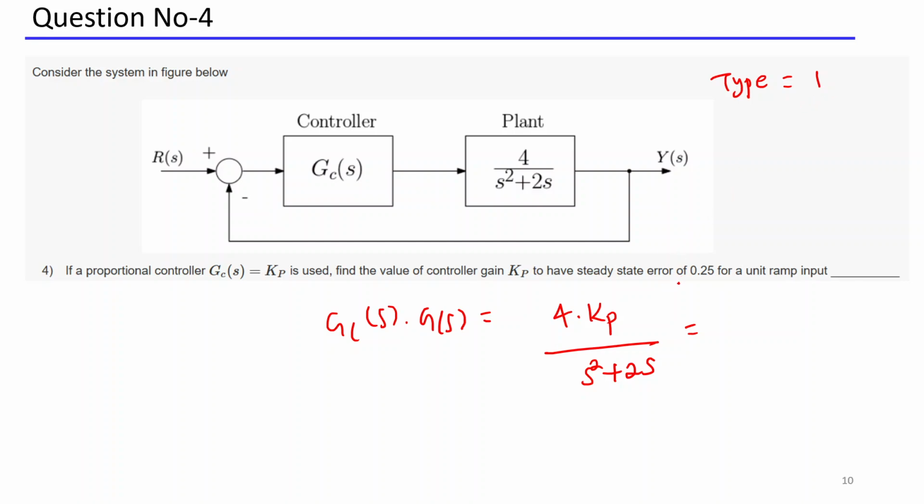If type is 1 and you have a steady state error, definitely it should be a ramp input. You understand? So in the question he is giving us a ramp input. It has to be given because type is 1, type equal to input, then only some steady state error will exist. You can go back to the last slide.